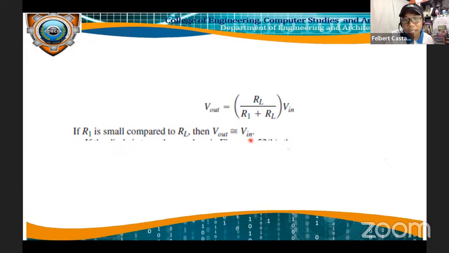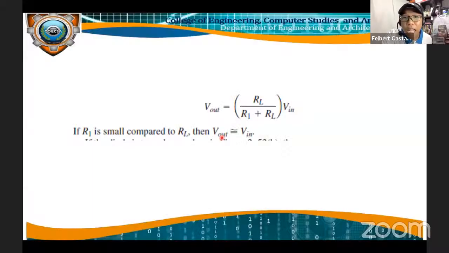So ito naman, kapag may RL ka, kapag napakaliit ng value nitong R sub 1, negligible na, so approximately equal siya dun sa V in. Kanina, yung negative 10 volts na input, na-compute natin is 9.09 doon sa output.